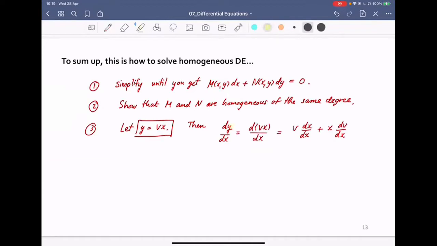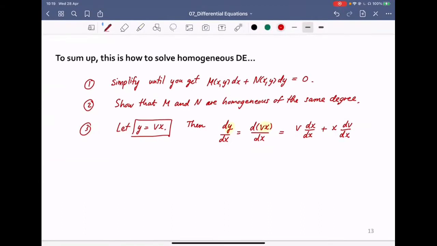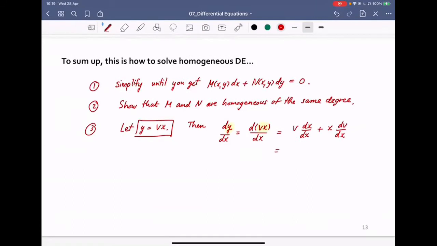So you differentiate vx with respect to x, using the product rule, and you get v dx plus x dv, which is just v plus x dv by dx. If you multiply everything by dx, at the end you get dy equal to v dx plus x dv.